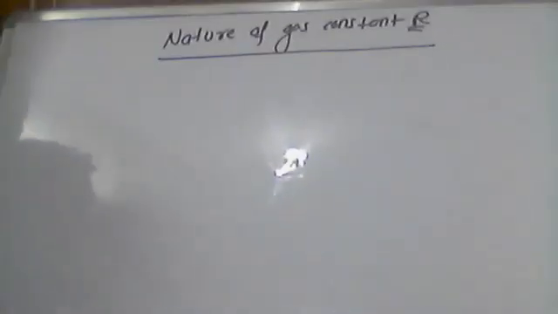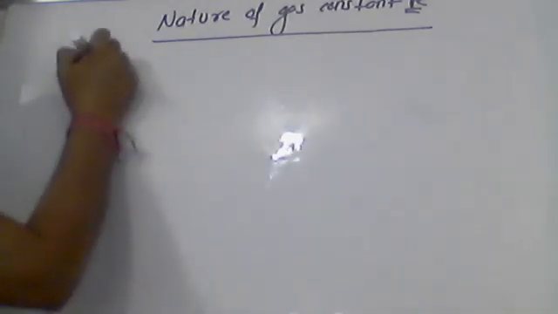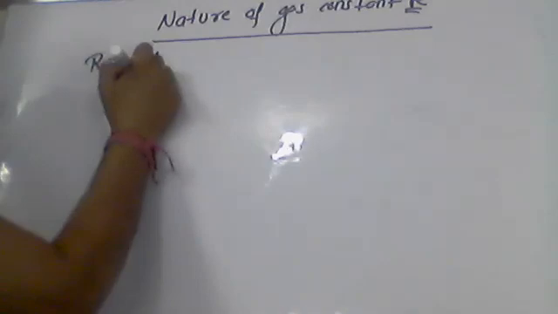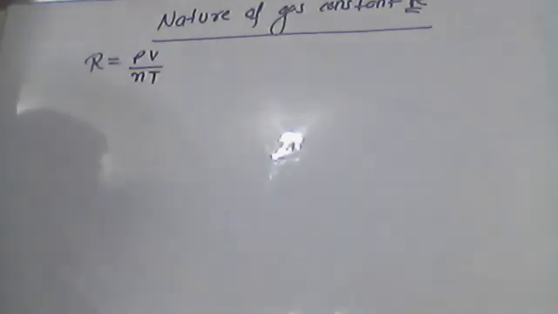Now we'll come back here. We have to discuss the nature of gas constant R. So what is the meaning of nature? Just see on the board and stay with me. We have done the equation PV = nRT. From there I can write R = PV over nT.